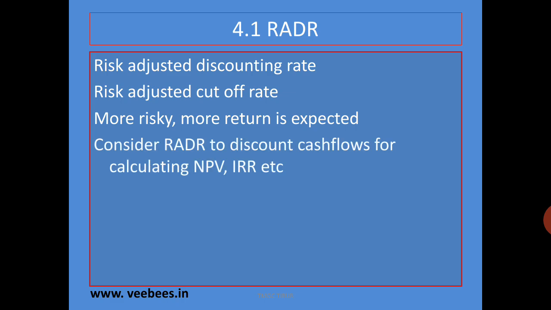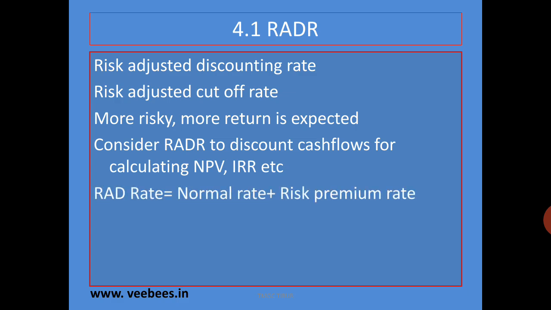Okay, so consider the risk adjusted discounting rate to discount the cash flows for calculating IRR, NPV, etc. In capital budgeting, we will use different discounting techniques, and for discounting purposes, the rate taken will be this risk adjusted discounting rate.